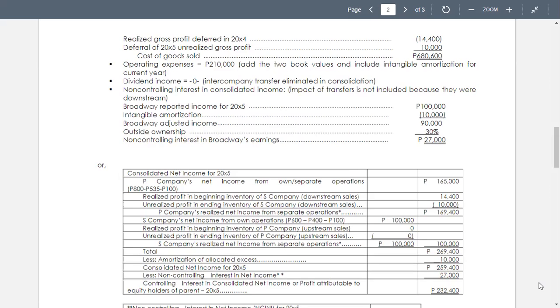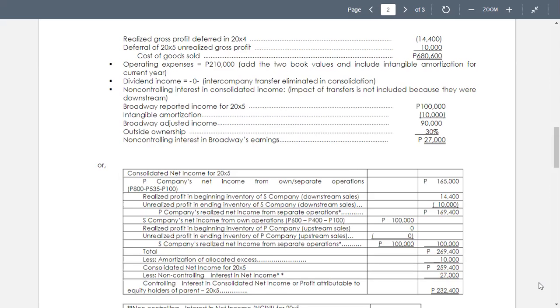You have now your 14,400. And we have the unrealized profit in ending inventory of S company from downstream sales. Downstream because BB is the one selling to BW. So we have the amount of 10,000.